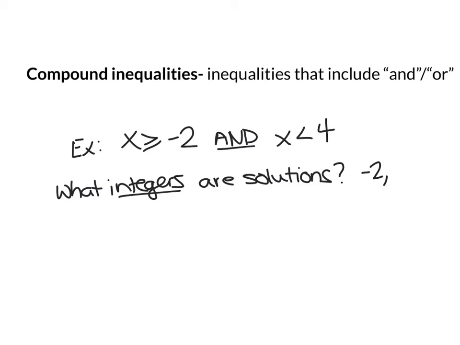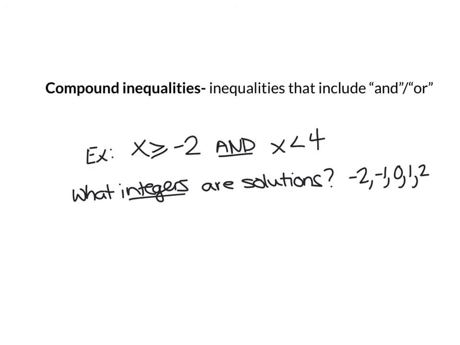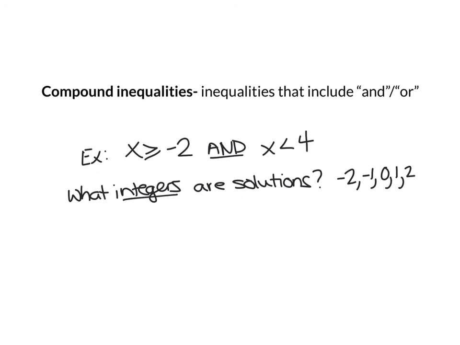And if it's bigger than -2, we would have -1, 0, 1, 2. And then we just want x to be less than 4, so I can include 3, but I can't include 4 because there's no equal to. So these are integers that would satisfy these conditions. I have chosen values that are bigger than or equal to -2, but also less than 4.